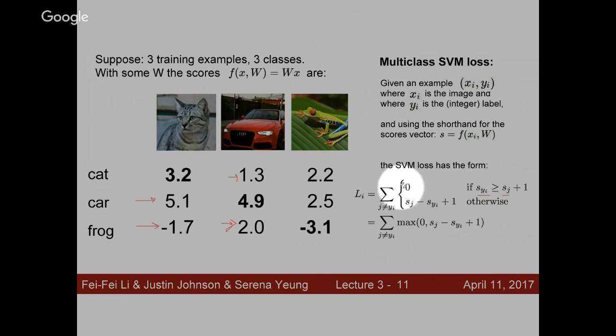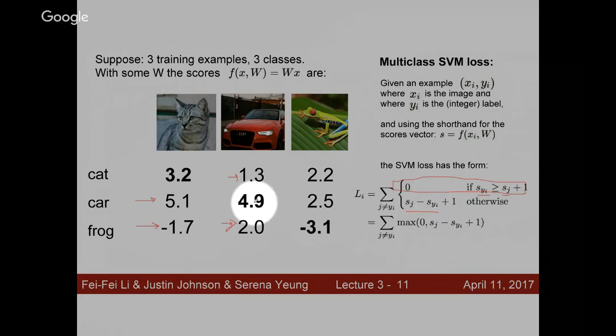So in some sense, this top part of the loss function is just saying, am I really confident that I guessed correctly? Did I score the other classes low enough in comparison to the correct class? And if not, if I either misclassified it or the margin that I wanted between a good score and a bad score was too small.